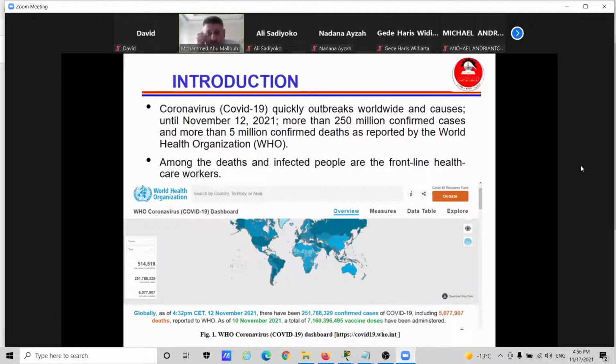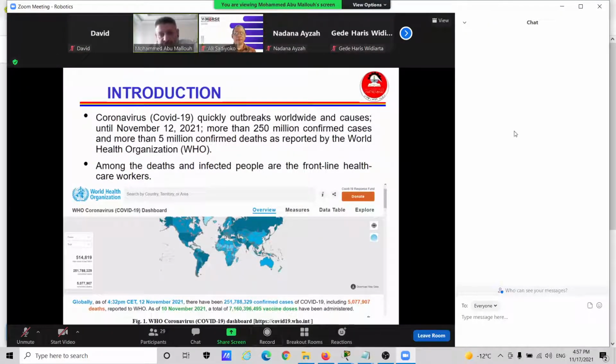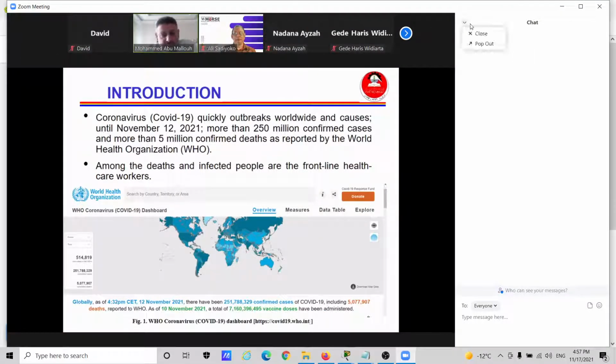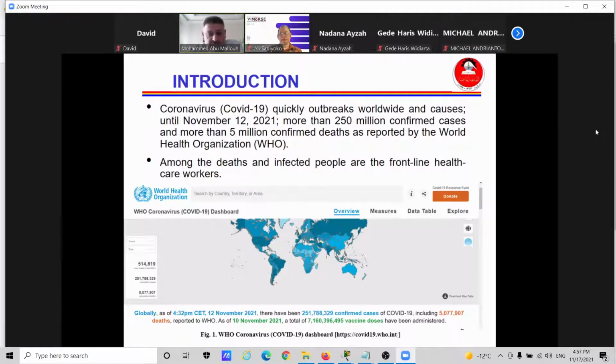I'd like to start the talk with this figure taken from the World Health Organization on November 12, 2021. It shows that more than 250 million confirmed cases and more than 5 million confirmed deaths were reported by that date, because of the coronavirus, or the COVID-19 virus.